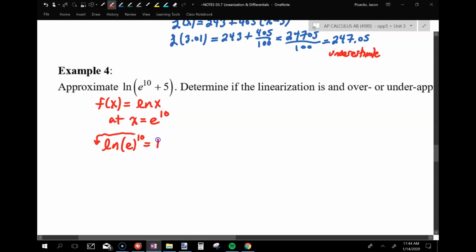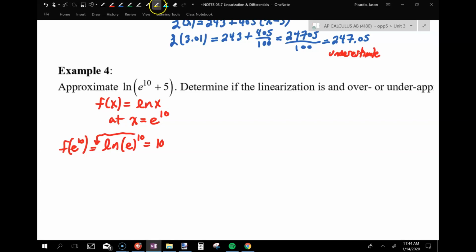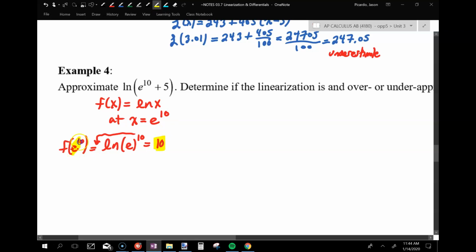So that is equal to 10. So we now know f of e to the 10. So that gives me the point of tangency, right? So here's my y value, and here's my x value.